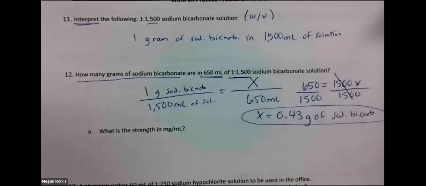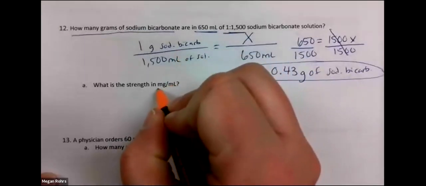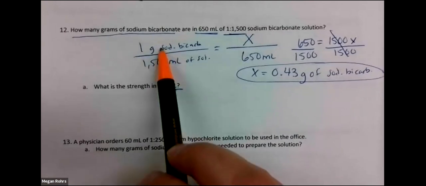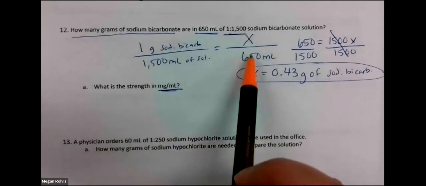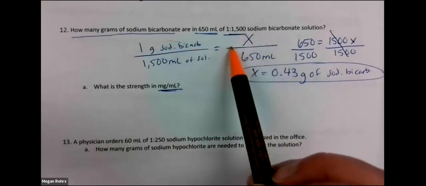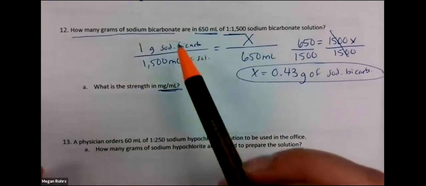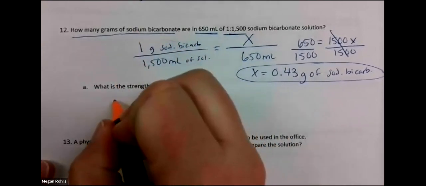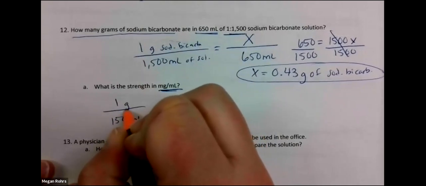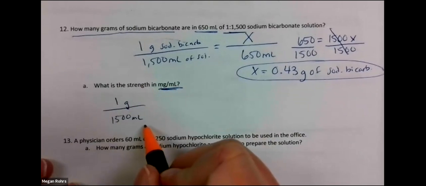Now it says, what is the strength in milligrams per milliliter? Well, it doesn't matter which one we start out with because both of these fractions are equal to each other. So if I wanted to start with this one, we can do just that. So we have 1 gram in every 1500 mils. So we want to turn this into milligrams per mil.